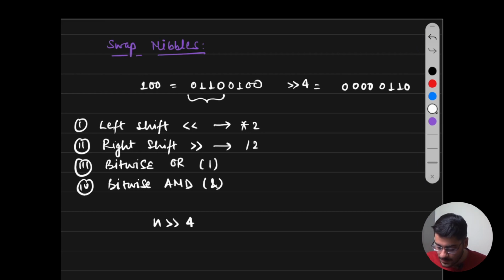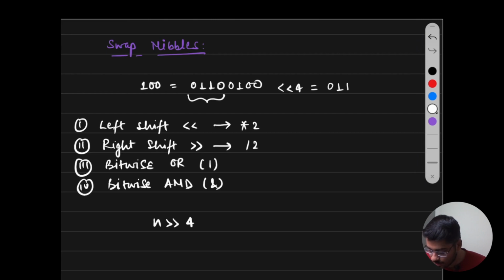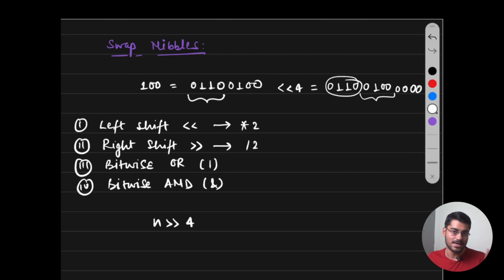So if we simply apply left shift by 4, it will shift the whole number by 4. So you will have 0, 1, 0, 0 and then 0, 1, 0, 0 and then 4 zeros at the end. It won't only shift this part, but it will also shift the first part as well. Your whole number will increase.